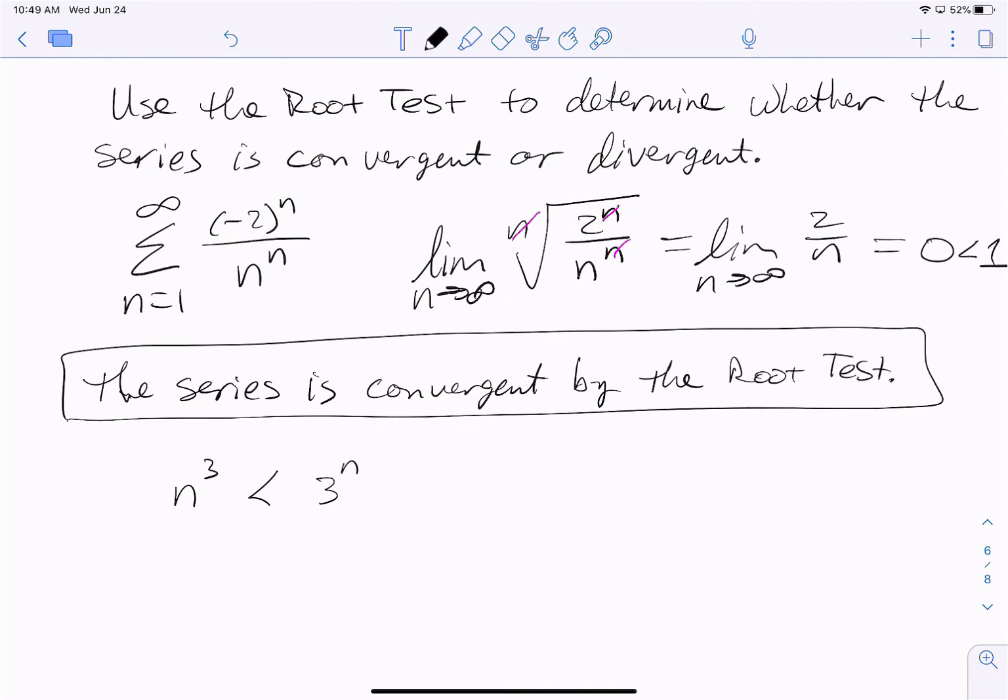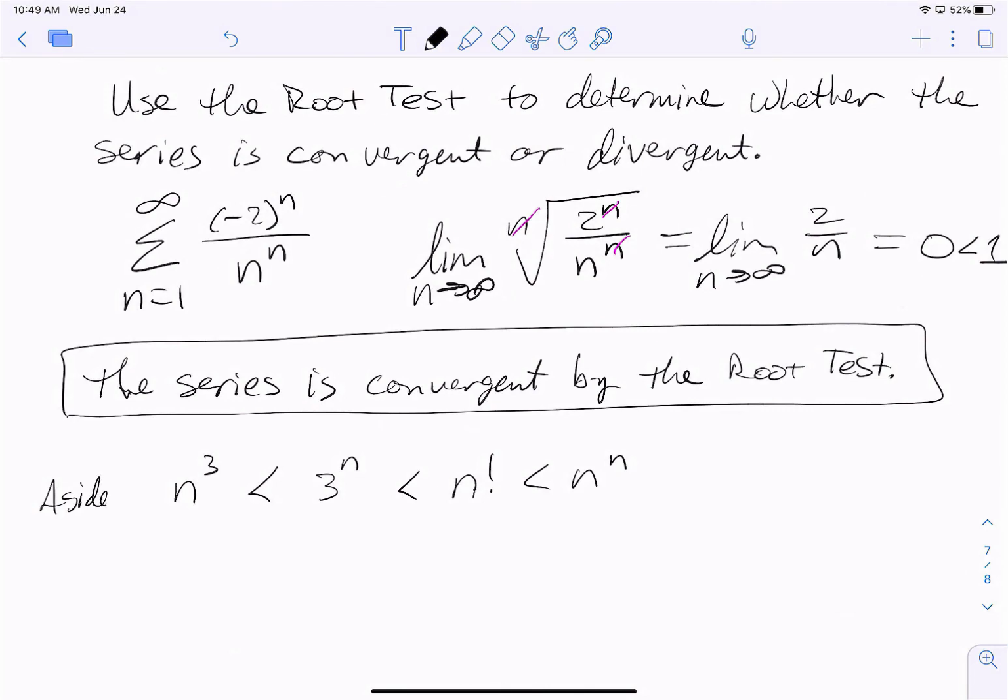And neither one of those grows as fast as a factorial. And none of them will grow as fast as n to the n. This is just an aside. You don't get to write down on a test that n to the n grows faster than n factorial because you said so in a video. You have to perform the test and show me all the steps there, okay?